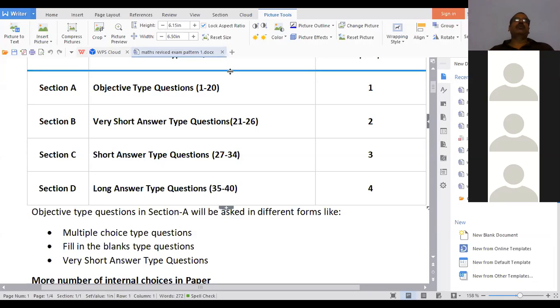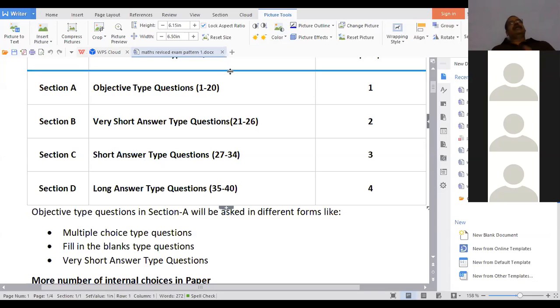Otherwise, suppose 4, 9, 7, 19, 27, like that: the difference is not the same. That's why those numbers are not in arithmetic progression. If the numbers increase or decrease by a fixed difference, then the series is in arithmetic progression.